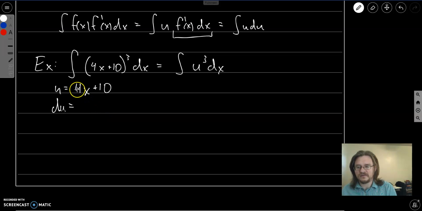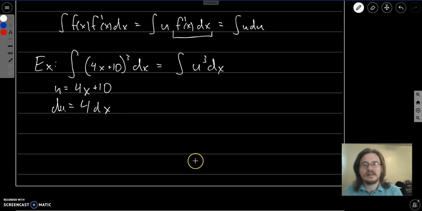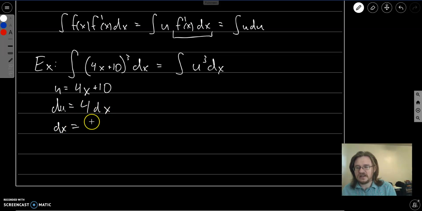So the derivative of 4x plus 10, the derivative of the 4x part is just going to be 4. The derivative of the 10 part is just going to be 0, dx. So I need to get rid of this dx here. So if I solve this for dx, dx is going to be du divided by 4.